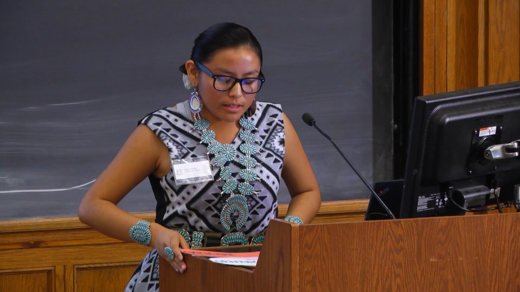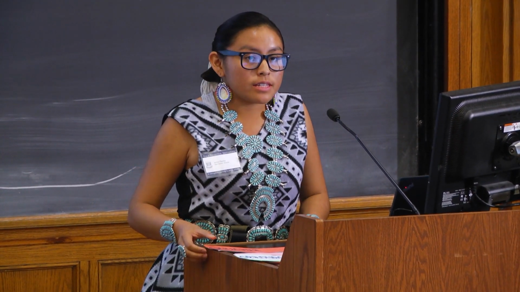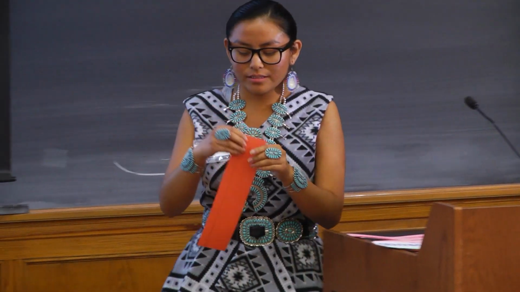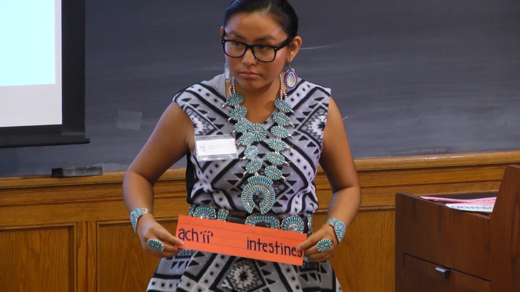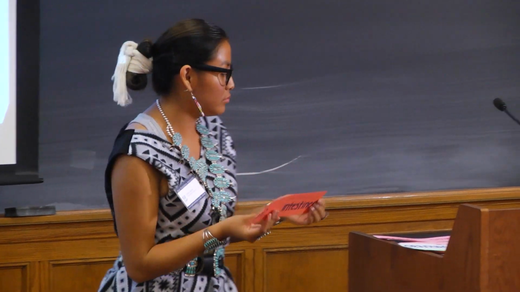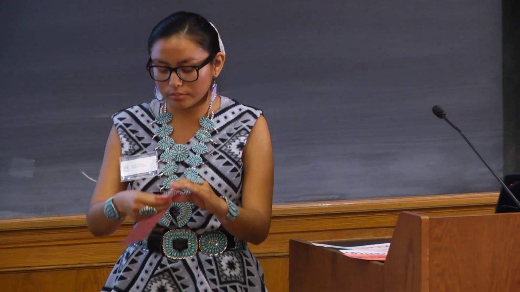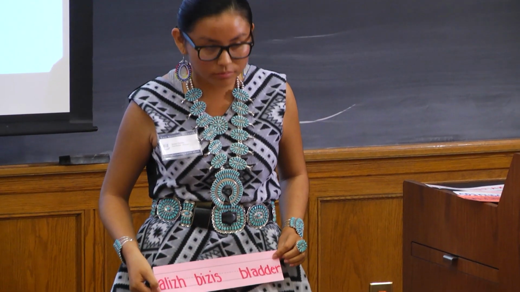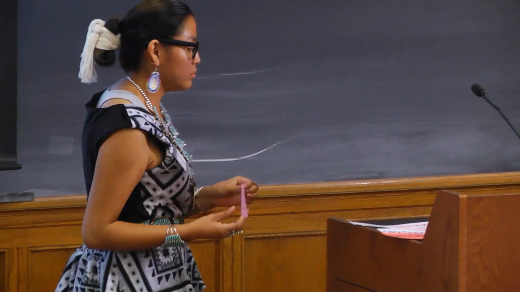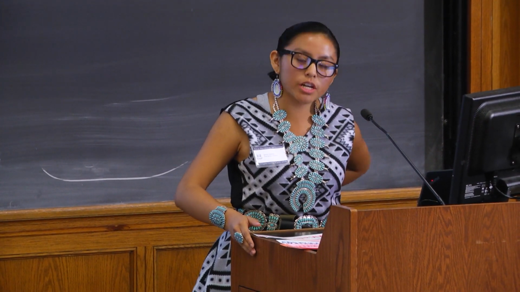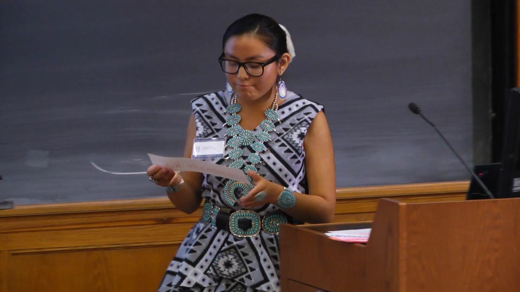A chi this is large intestines. A chi is intestines. A lishbizis is your bladder. And from the back, your left and right, is your acha ashkaja, kidneys.